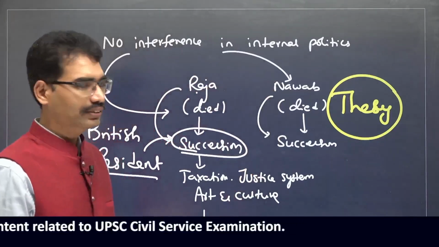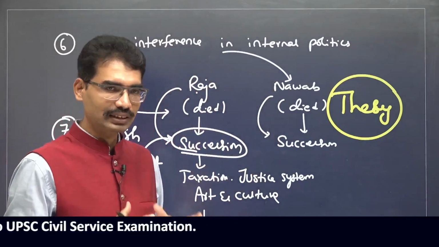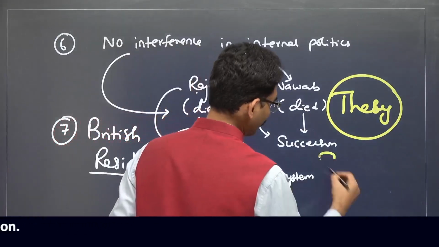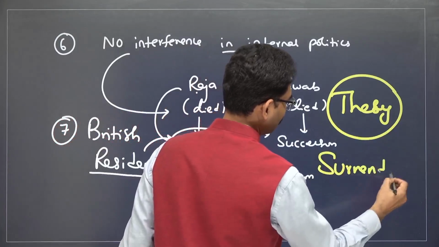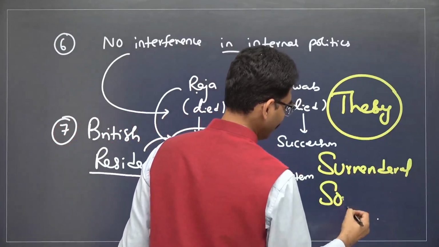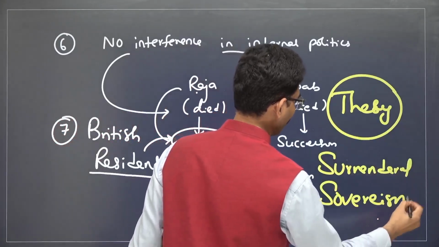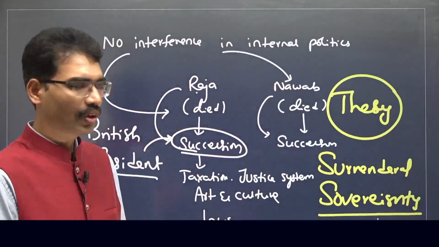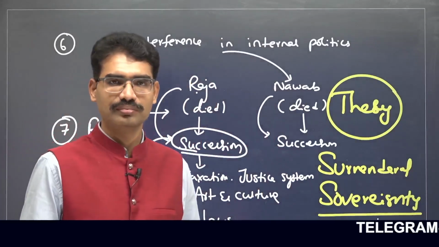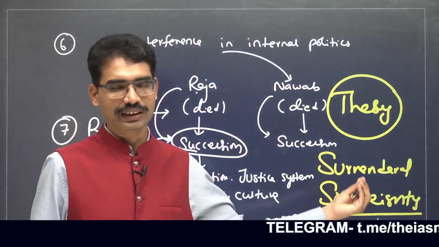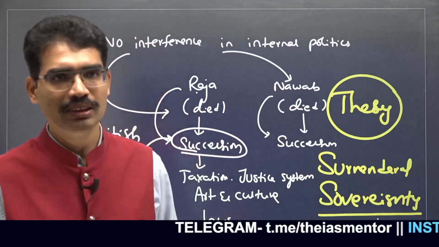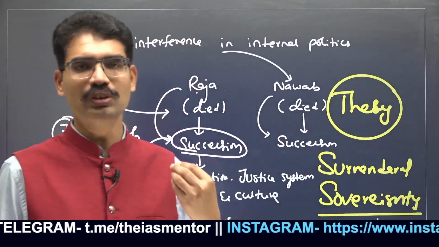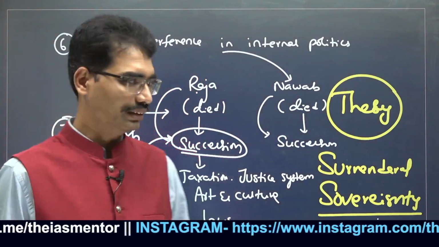It appears as if native rulers tried to maintain their sovereignty, but in fact they surrendered their sovereignty. In namesake they will be there, but for all practical purposes, the British are ruling. This is what the subsidiary alliance system is. Lord Wellesley utilized this principle very vigorously.